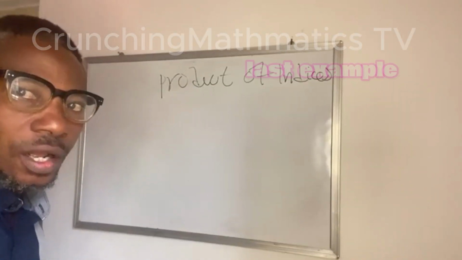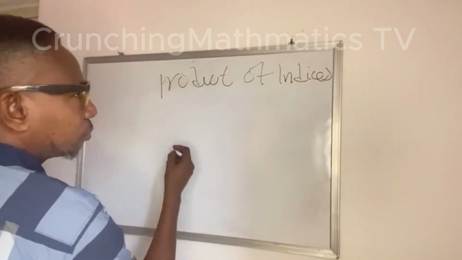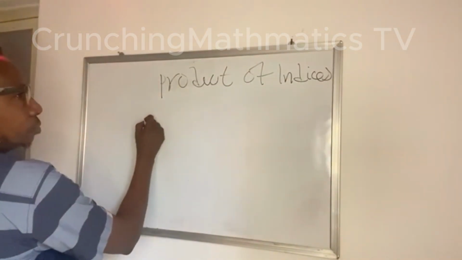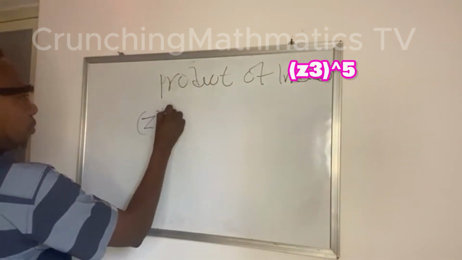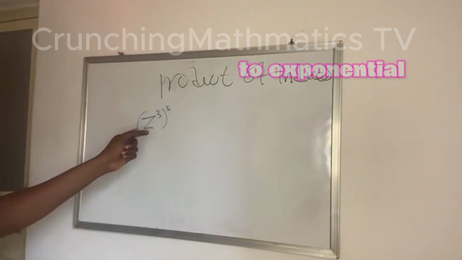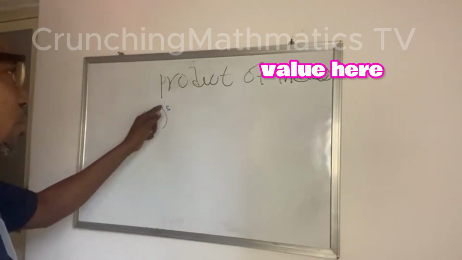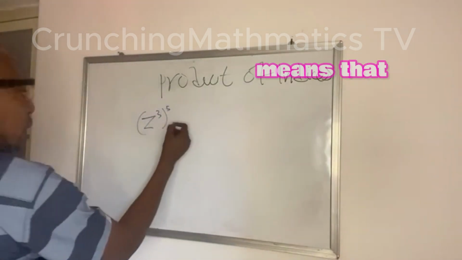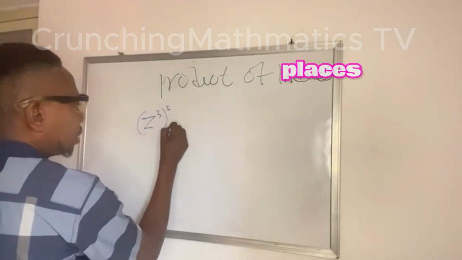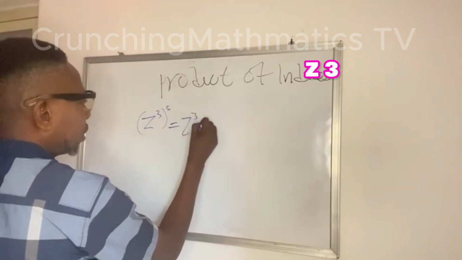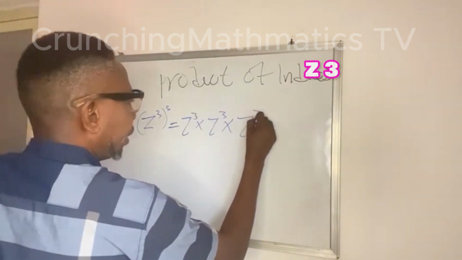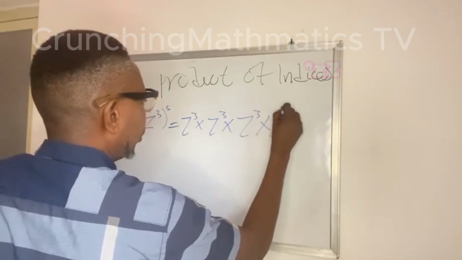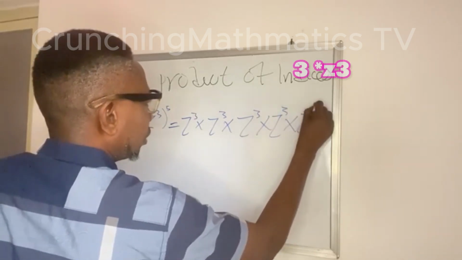Now let's take our last example where we have (z^3)^5. We have two exponential values here, 3 and 5. So this simply means z^3 into 5 places. It means z^3 times z^3 times z^3 times z^3 times z^3.